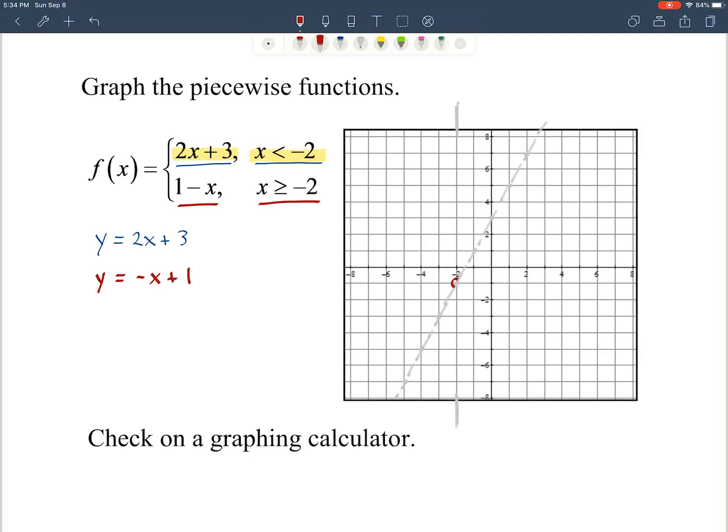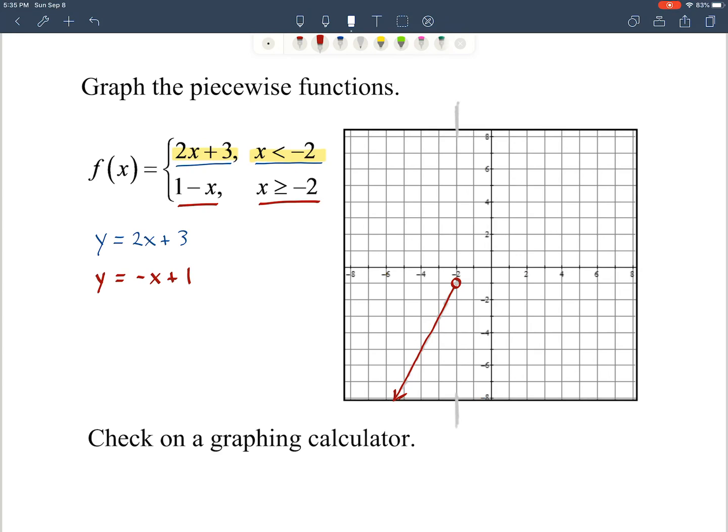So we're going to put an open circle at negative 2, and take it to the left. This is all of that shape that we're looking for. In fact, you could then erase the original part of it that went up into that point. So our transition point is where it's going to change its shape.